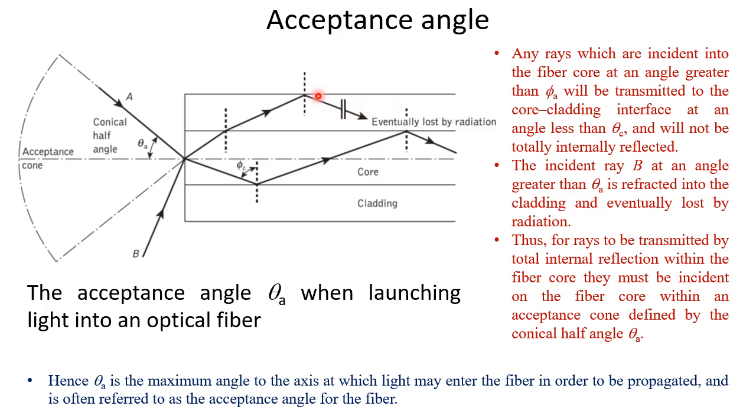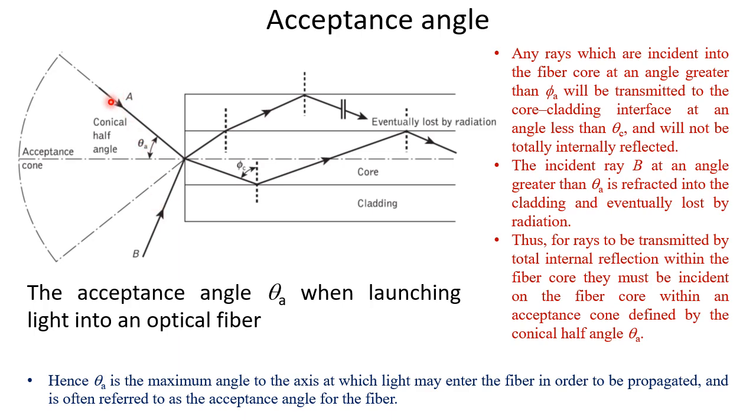So this light B, that is incident in this way, will not be allowed by the optical fiber. That particular incident ray will not be carried by the optical fiber and it will be lost, right?